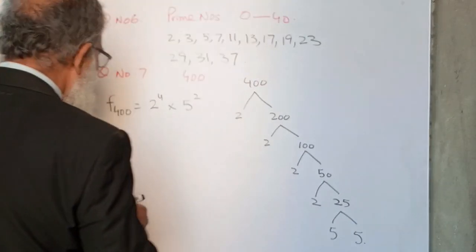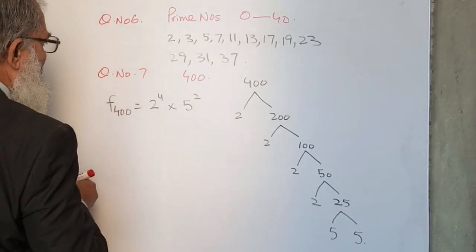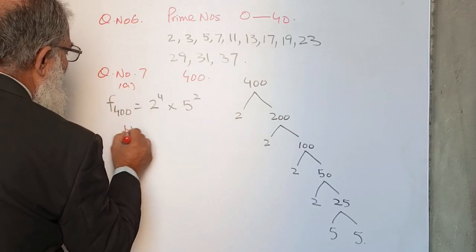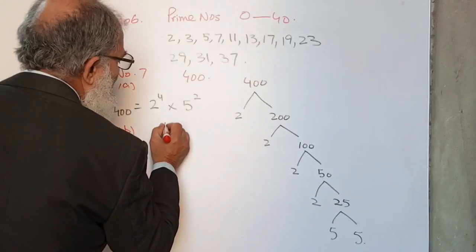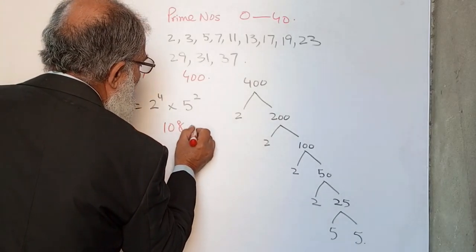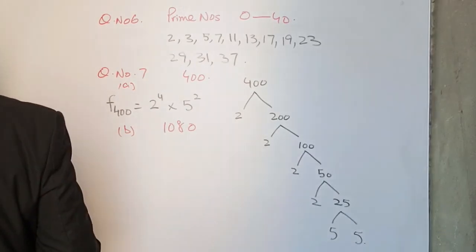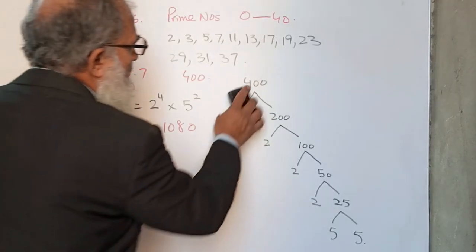Now this was part A and part B. Part B is asking us to express 1080 with the division method. Now we have to use division method to express it into the prime factors.